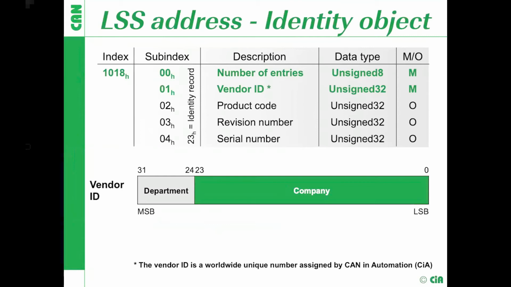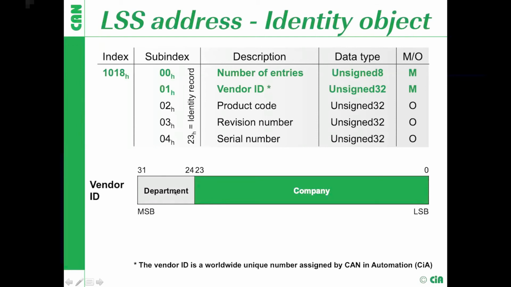This identity object contains 4 sub-indexes of 32 bits each: vendor ID, product code, revision number, and serial number. Together, these make a unique 128-bit value that is called the LSS address. So CANopen FD devices can be identified by this LSS address.